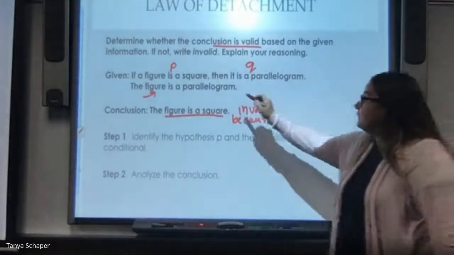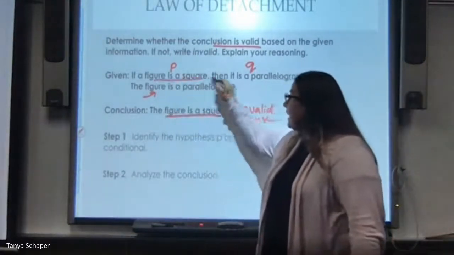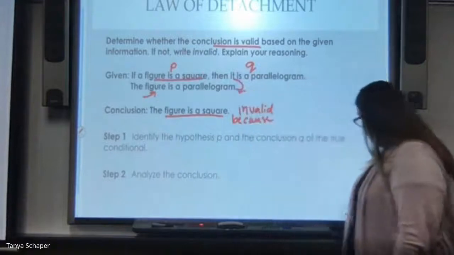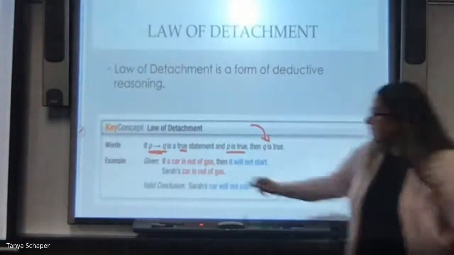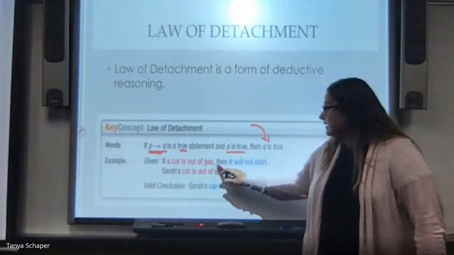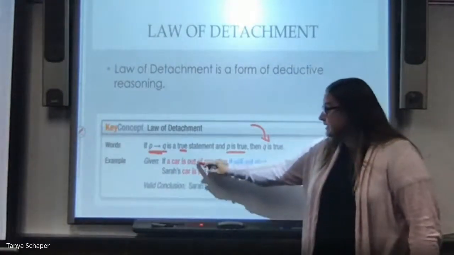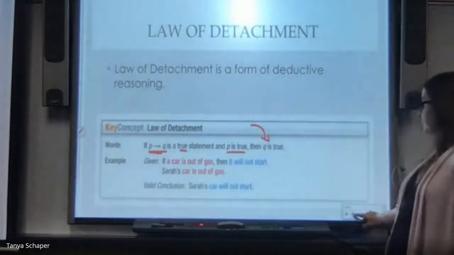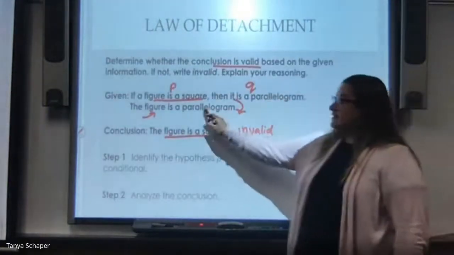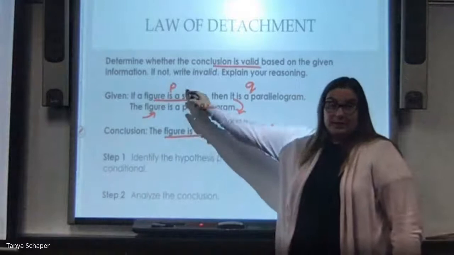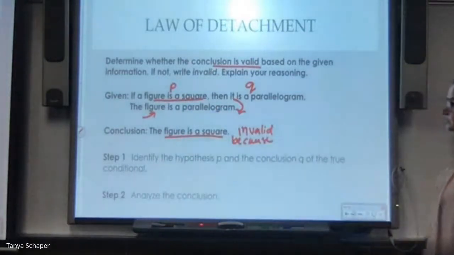All right, so this part, your P, has to be this statement here, just like it was back here. The car is out of gas, then it will not start. Sarah's car is out of gas. This has to match. In this particular case, this is the Q, and we need it to be the P, the hypothesis.